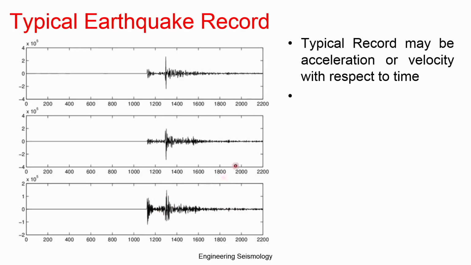This record was probably recorded at a station close to the epicenter, maybe within 100 or 200 kilometers. Close means a regional scale, 50 kilometers, 100 kilometers, 200 kilometers; these are all regional scale records you can see.